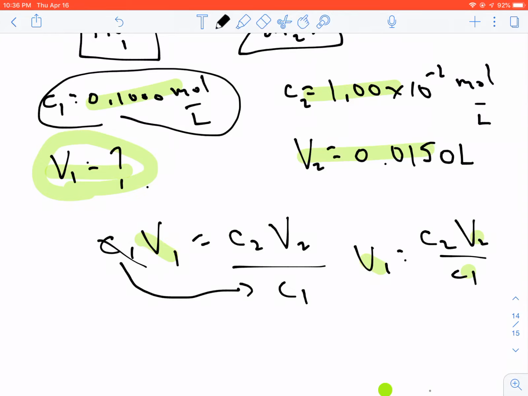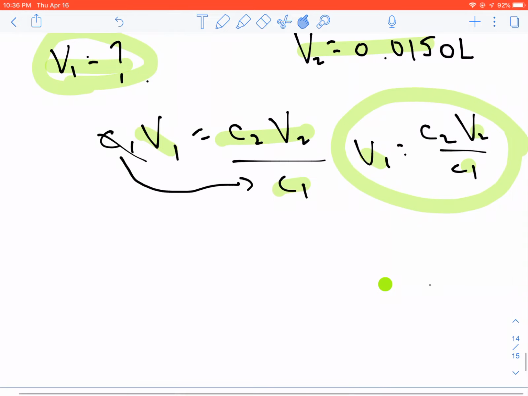I move it to the other side, in the denominator, and I end up with my formula. V1 is equal to C2 V2 divided by C1, right? C2 V2 over C1.